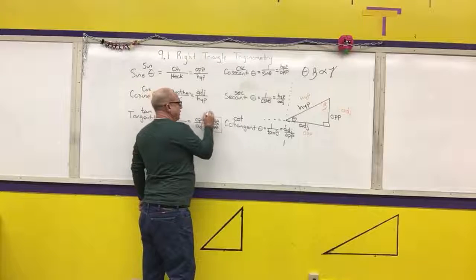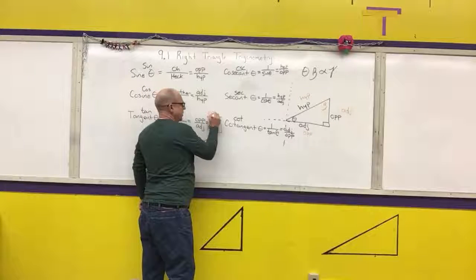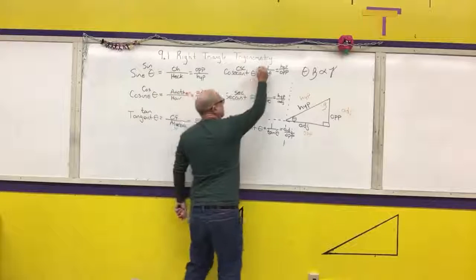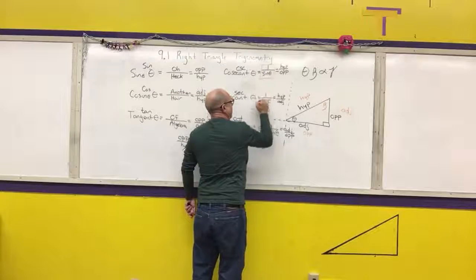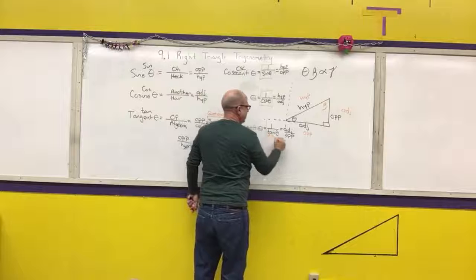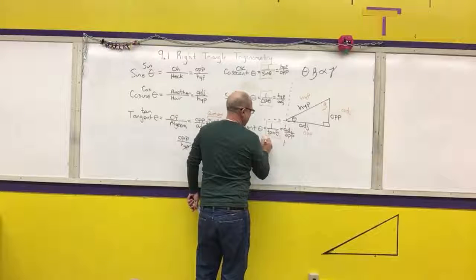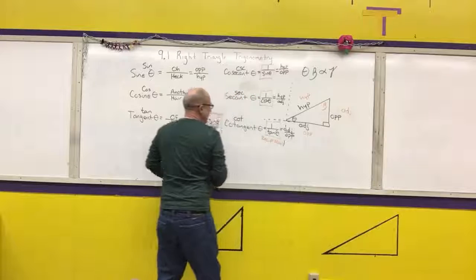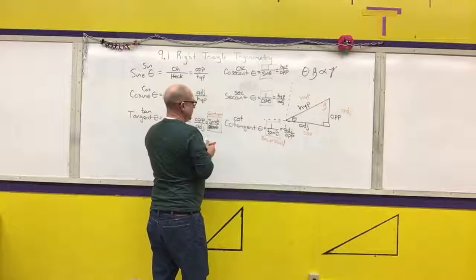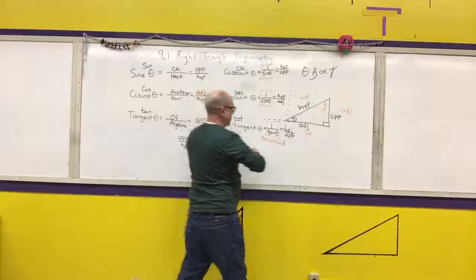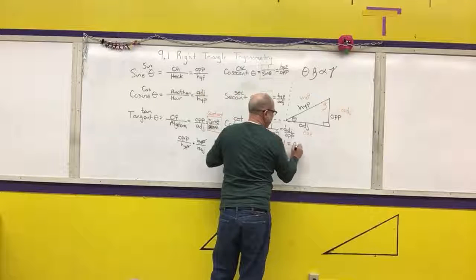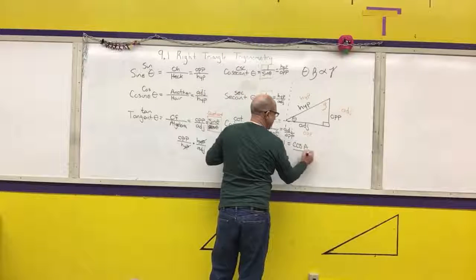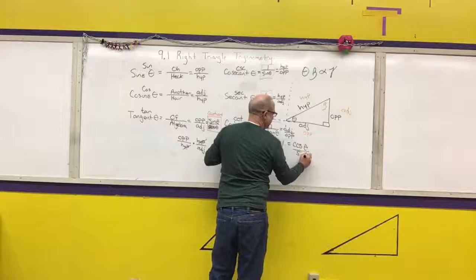This is a quotient identity. These three are reciprocal identities. And I also have a quotient identity for cotangent, and that would be cosine of an angle over the sine of an angle.